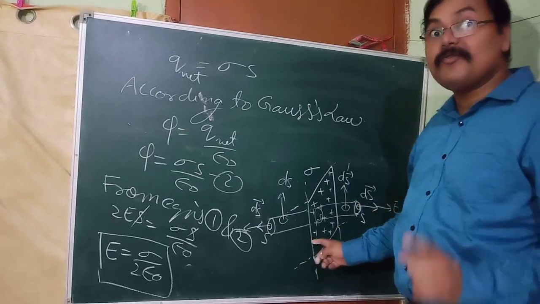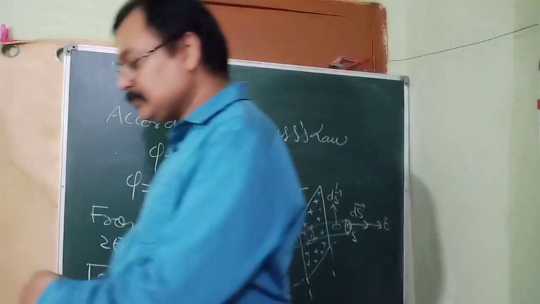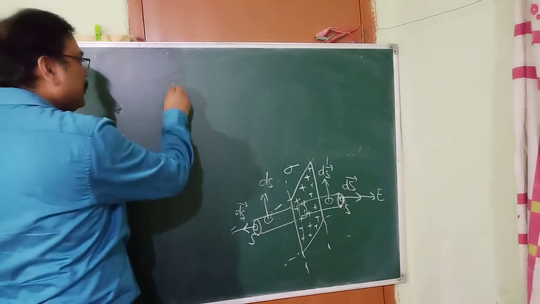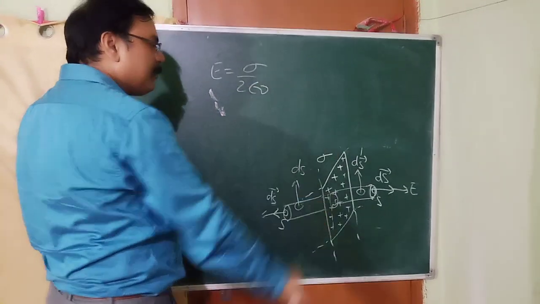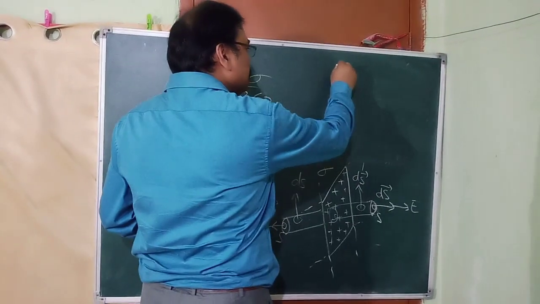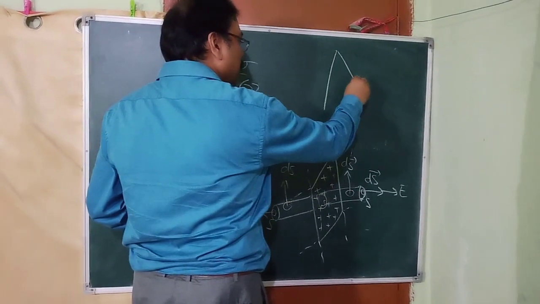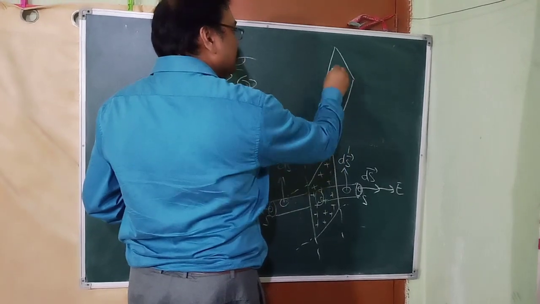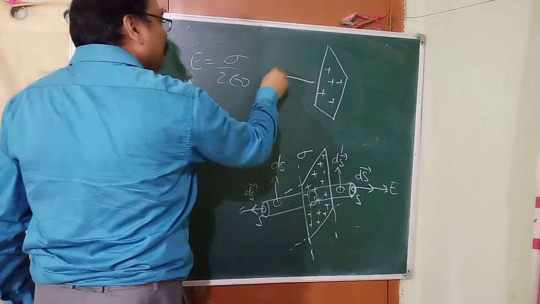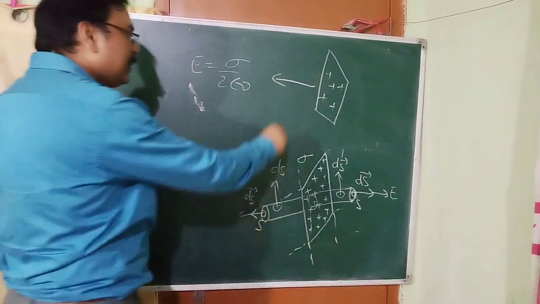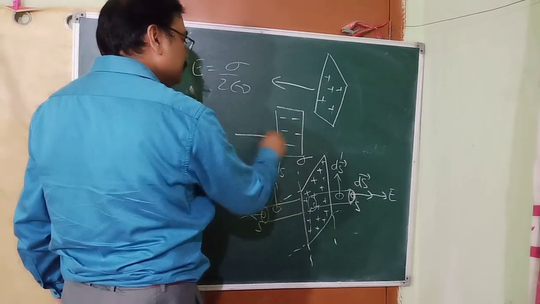Remember, this is for an infinite plane sheet. So we got the expression for electric field intensity, which is sigma upon 2 epsilon naught for an infinite plane sheet. If the infinite plane sheet is positively charged, then the direction of electric field is obviously away from it. If it is a negatively charged sheet, then it is towards it.